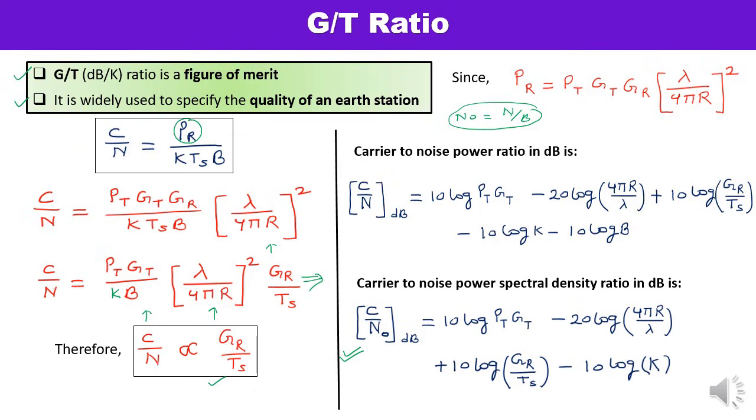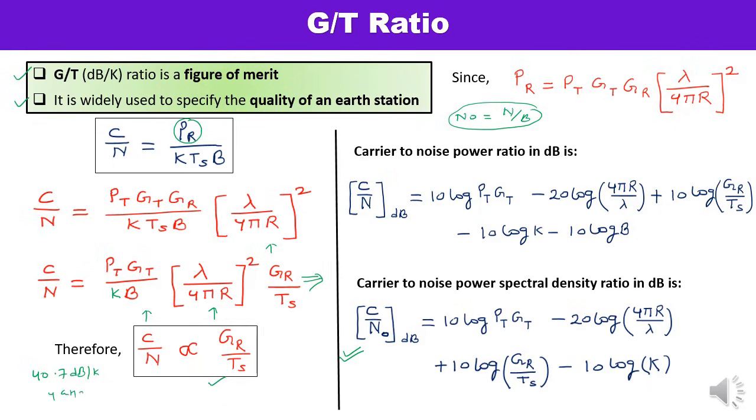You must remember that a standard earth station, for example in the Intelsat network, is required to have a G by T ratio of 40.7 dB per Kelvin at 4 gigahertz and 5 degree elevation angle.